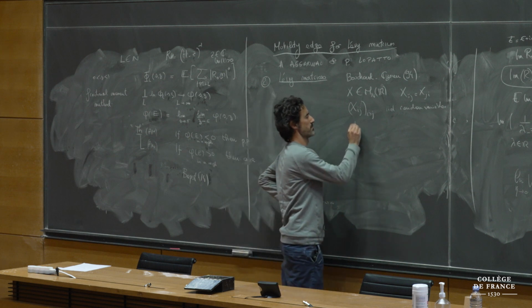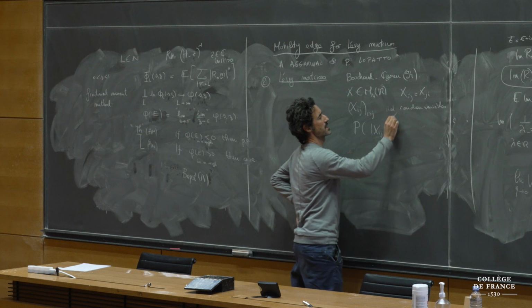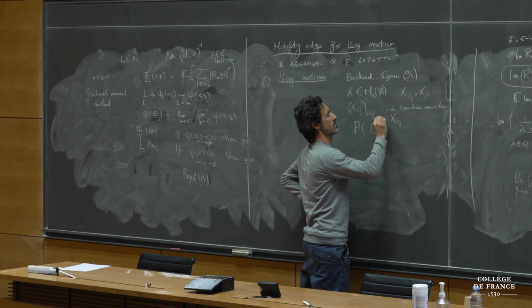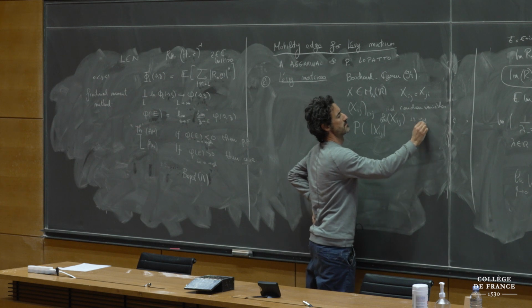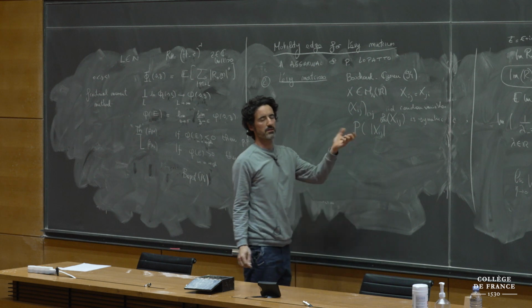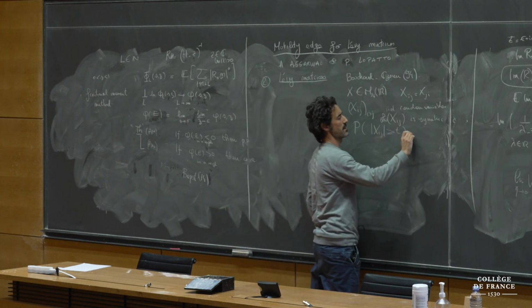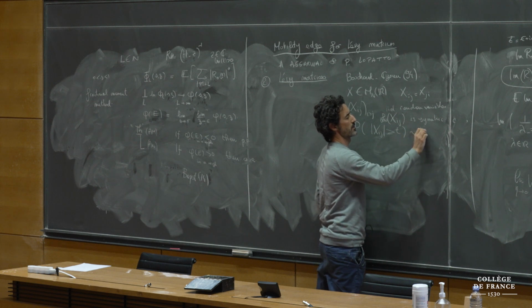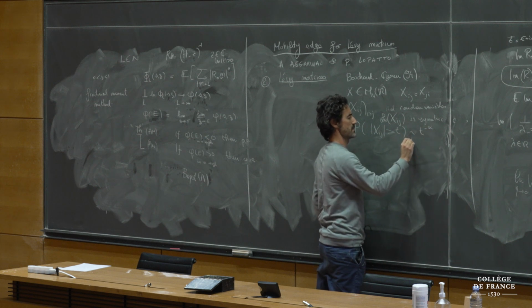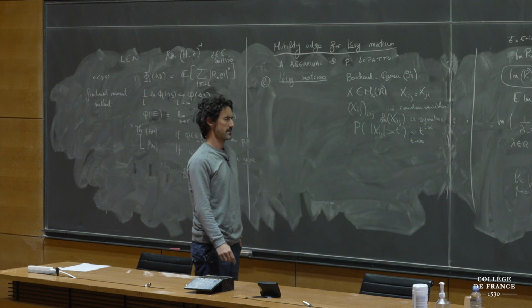So for simplicity, let's assume that the law of X_ij is symmetric, meaning that X_ij and minus X_ij have the same distribution, and that it has a tail equivalent to t to the minus alpha when t goes to infinity.